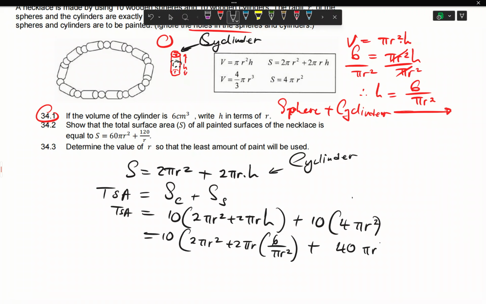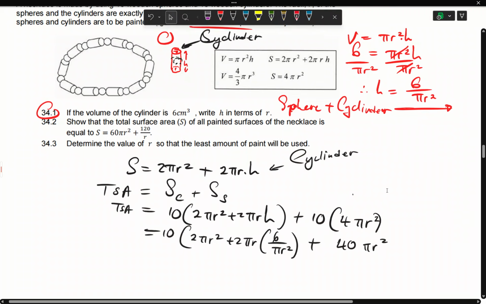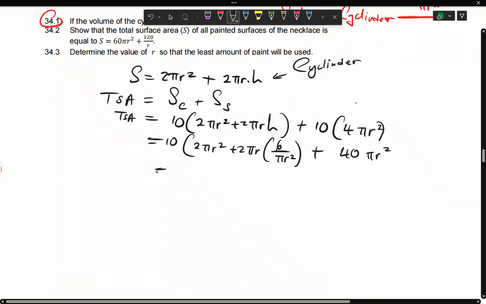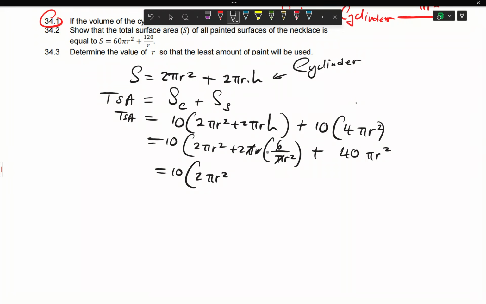You see, I forgot the r squared there. So now let's solve this before we distribute the 10 inside. You'll have 2 pi r squared. So the pi rationalizes, and the r and the 1 r there. So 2 times 6, that's 12. So 12 all over r plus 40 pi r squared.